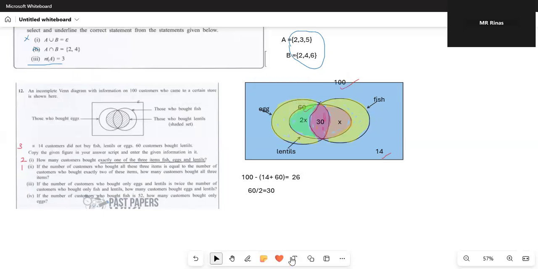Now, we know that 2x plus x equals 30. So 3x equals 30, then x is equal to 10. So the number of people who bought fish and lentil is 10, and the number who bought egg and lentil is 20.